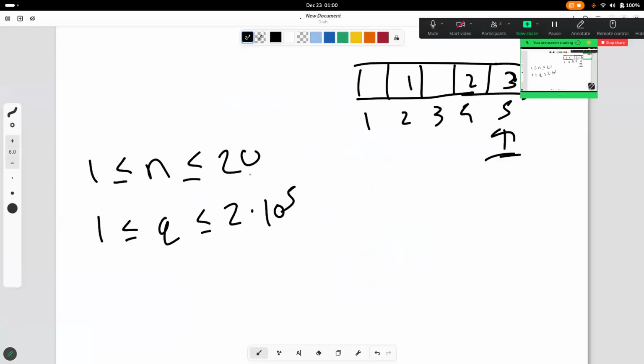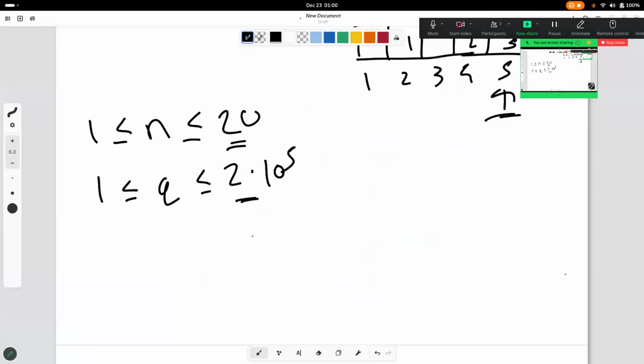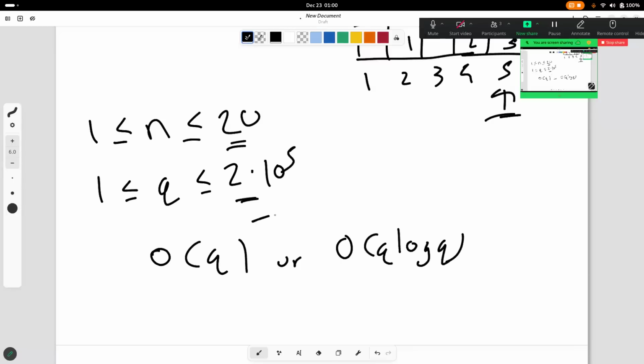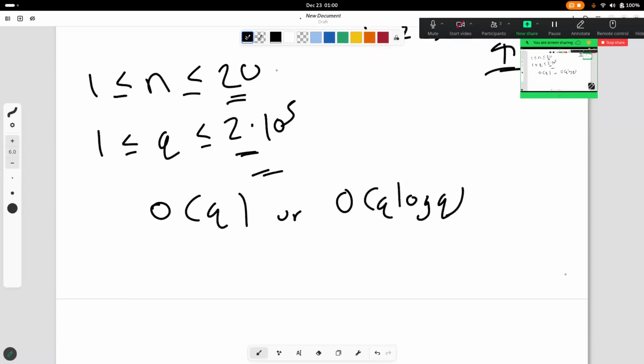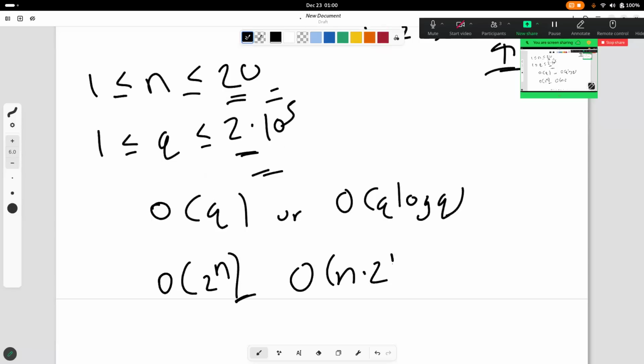So basically you can at max have an O of Q or O of Q log Q solution with respect to the queries, but your N is up to 20. So you can have anything like O of 2 raised to power N or even O of N times 2 raised to power N solution.